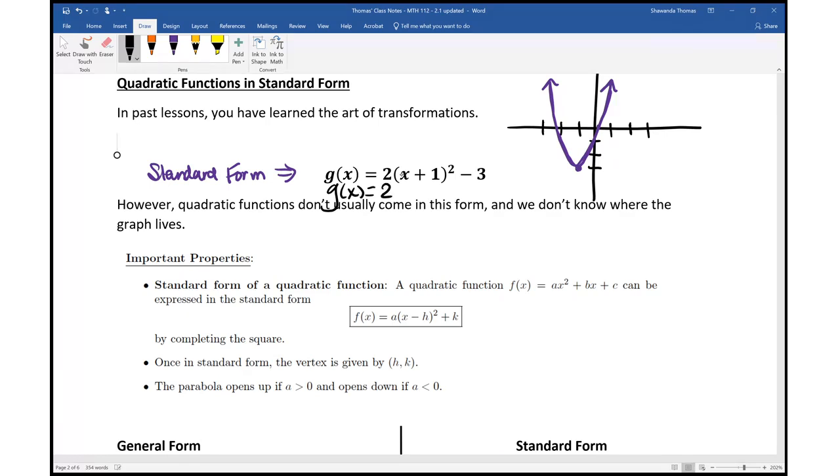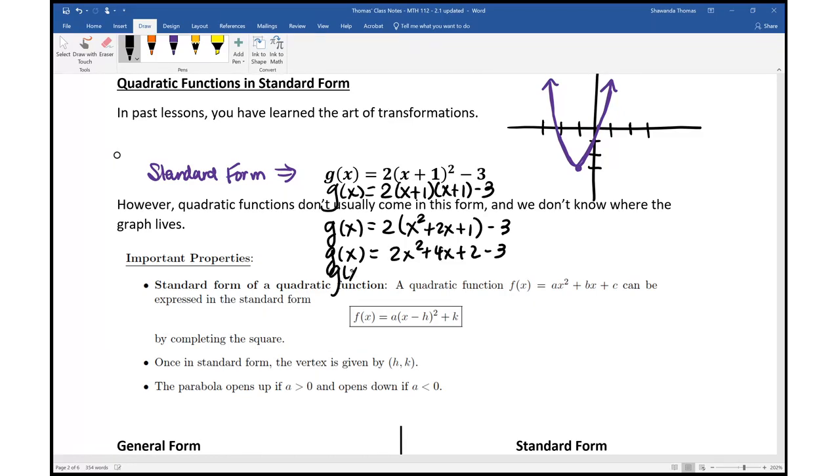So we have 2 times (x plus 1) times another (x plus 1) minus 3. g of x equals 2 times (x squared plus 1x plus 1x is 2x plus 1) minus 3. Then g of x equals 2x squared plus 4x plus 2 minus 3. g of x equals 2x squared plus 4x minus 1. So this is the general form.